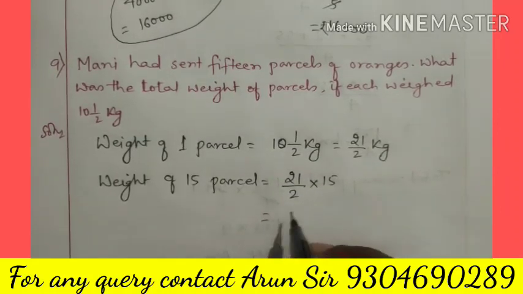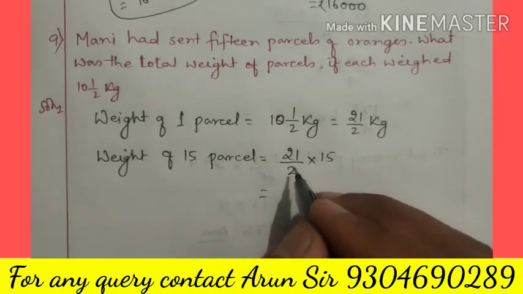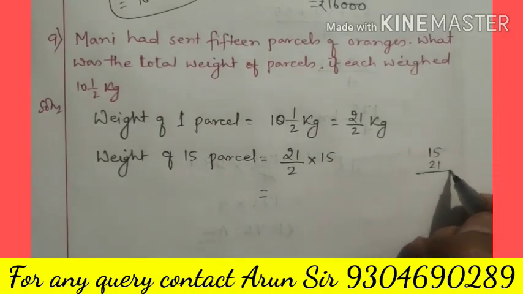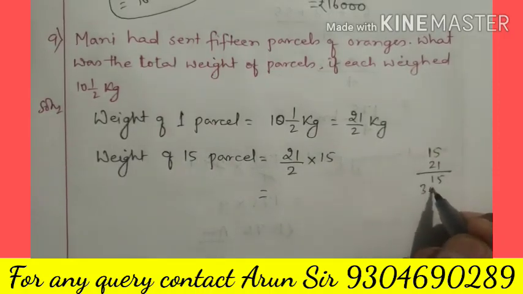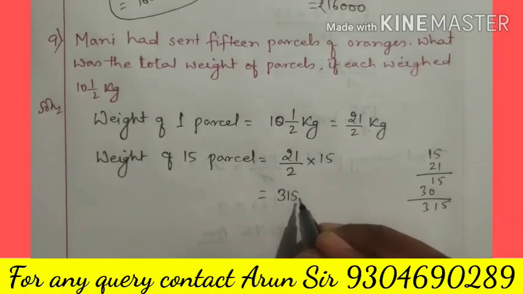Here we can see none of the numbers is going to be reduced. We will multiply it simply. 15 into 21, it is 315 by 2 kg.